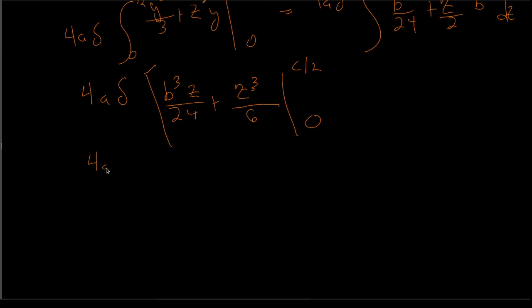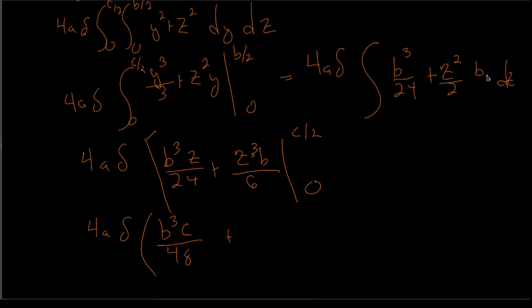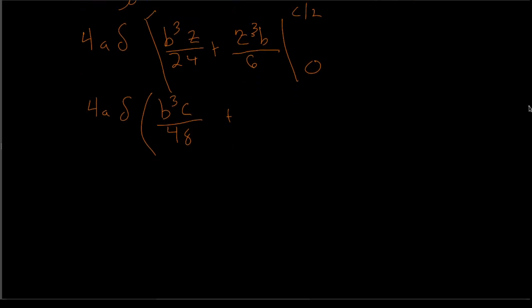And so for a delta, b cubed c over 48 plus, oh wait, there was a b on there, wasn't there? Yeah, b. Z cubed, 2, 8, so c cubed b over 48.